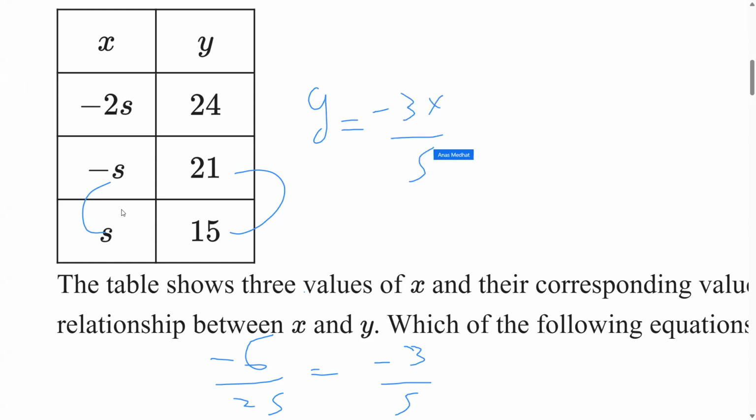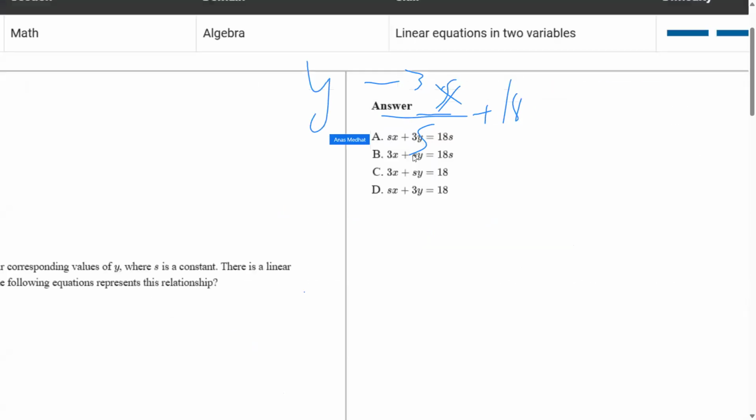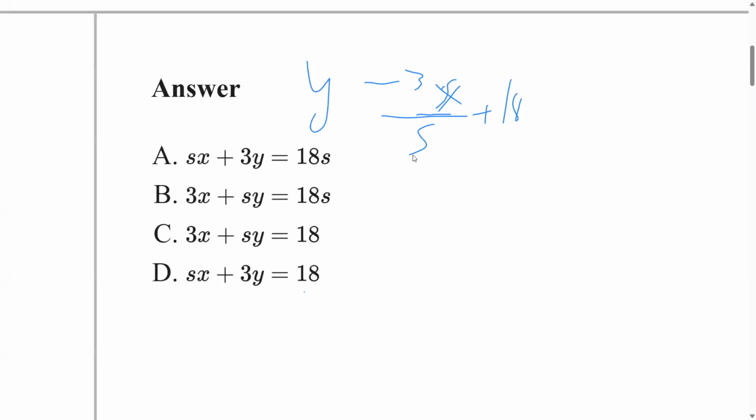And for the y-intercept, we'll substitute one of the points. We'll substitute 15 by 3S over S. This will cancel. Now 3 will go to the side. B will be 18. So y equals negative 3x over S plus 18.